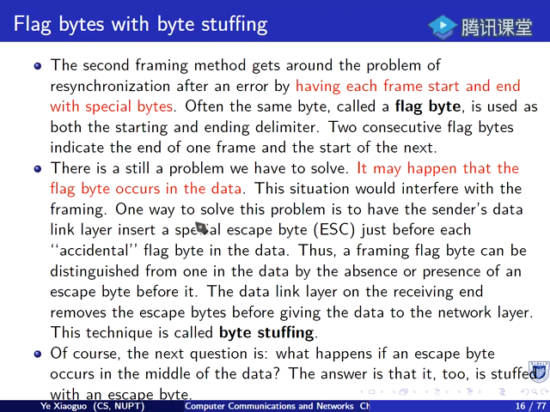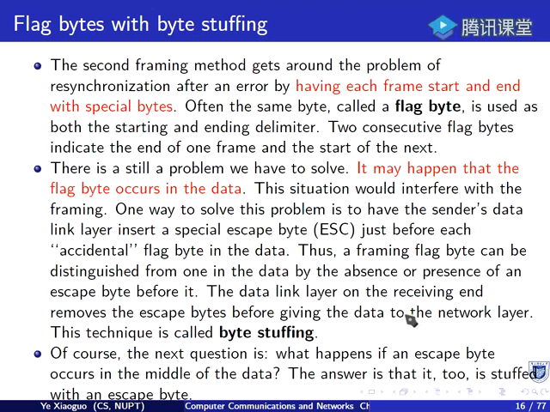One way to solve this problem is to have the sender's data link layer insert a special escape byte just before each accidental flag byte in the data. Thus, a framing flag byte can be distinguished from one in the data by the absence or presence of an escape byte before it.